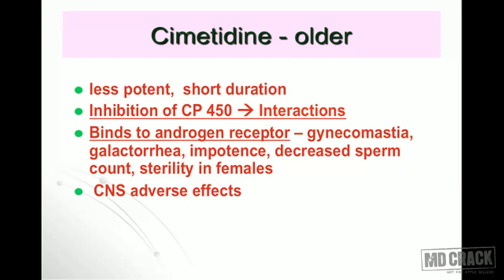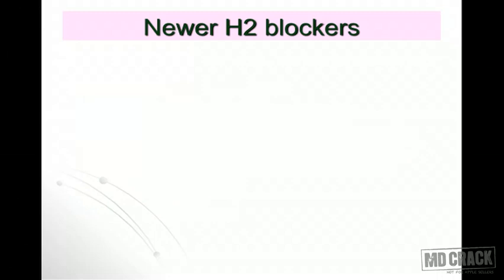Next, it also crossed the blood-brain barrier and produced central nervous system adverse effects, and alcohol intolerance was remarkable with cimetidine. So the use of cimetidine gradually came down by the time we had the newer H2 blockers. The newer H2 blockers are more potent, obviously, than cimetidine.